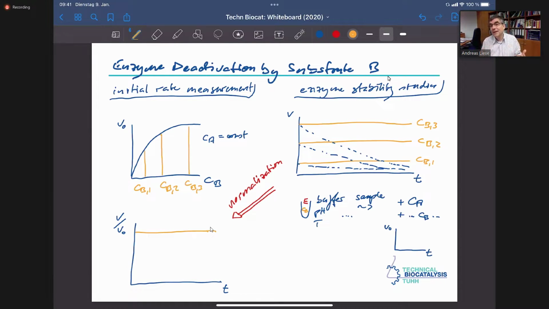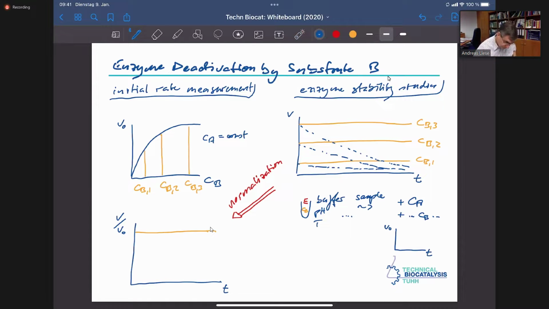Now, in the non-ideal situation, what we're discussing here, that we see a deactivation by the starting material B, we would rather see then the deactivation. And since V has the highest concentration here and the highest rate, we will also see the highest deactivation rate in this normalized plot.